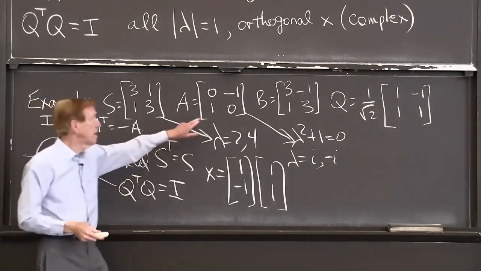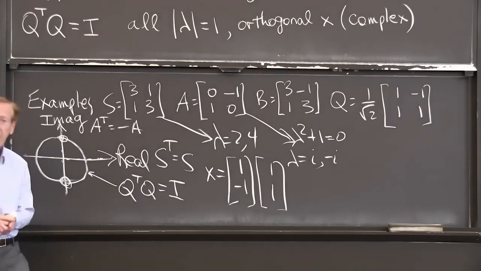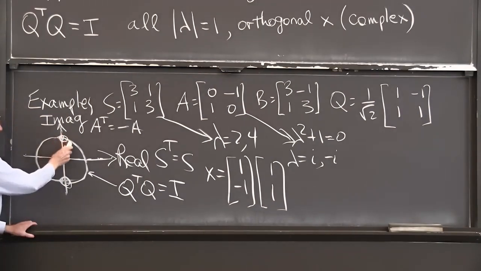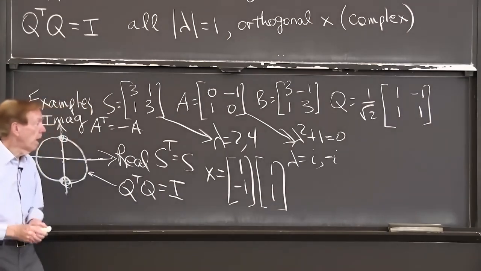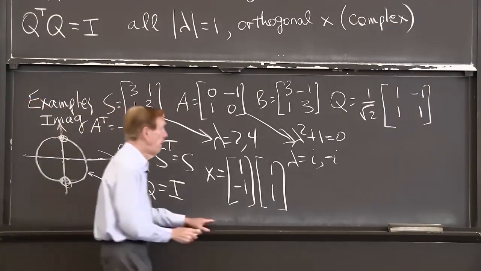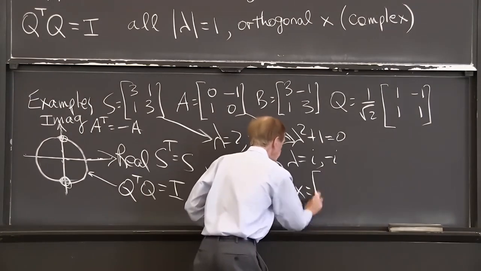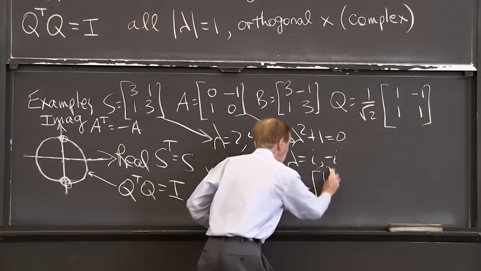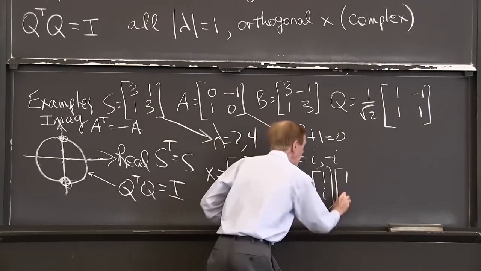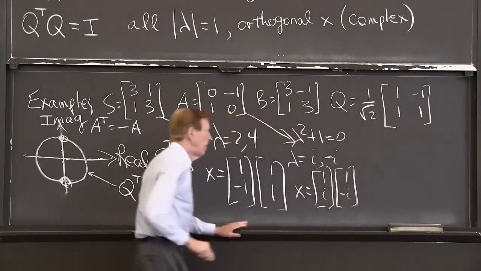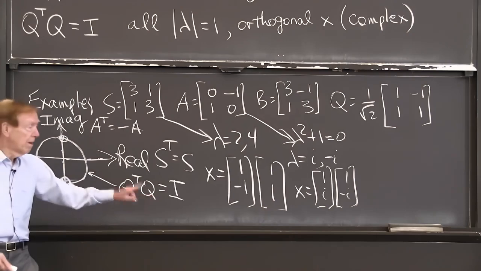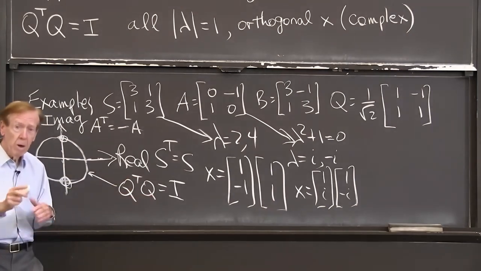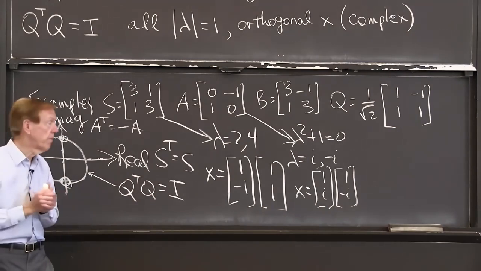And I guess that matrix is also an orthogonal matrix, and those eigenvalues i and minus i are also on the circle. So that A is also a Q. Okay, what are the eigenvectors for that? I think that the eigenvectors turn out to be (1, i) and (1, minus i). Oh, those are orthogonal. I'll have to tell you about orthogonality for complex vectors.